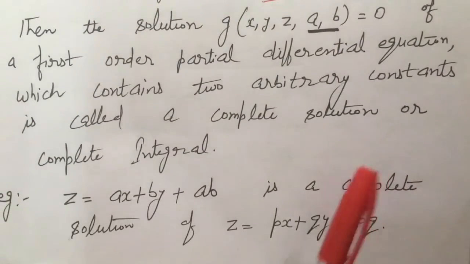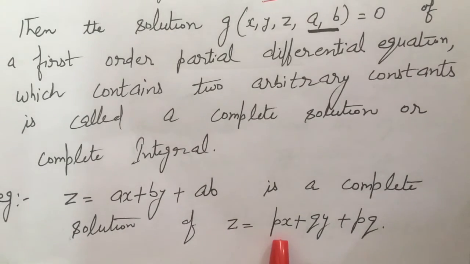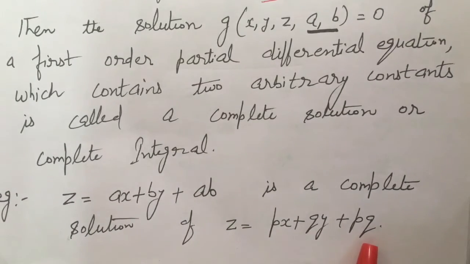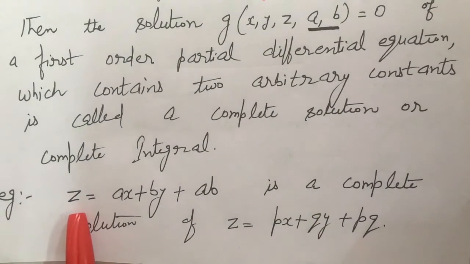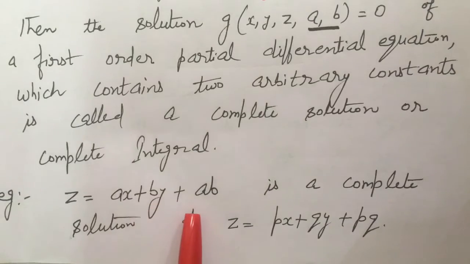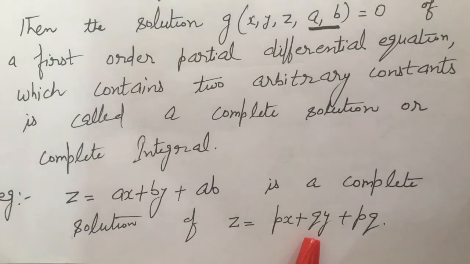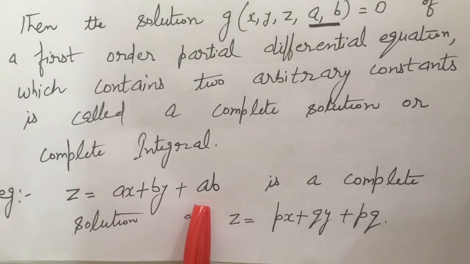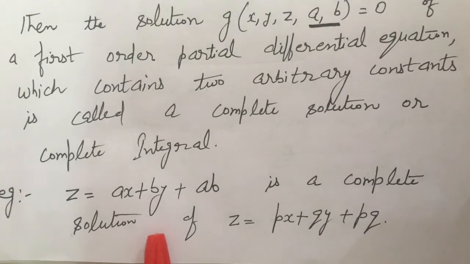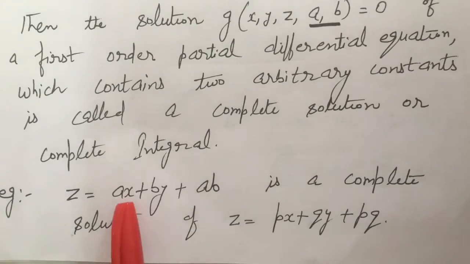For example, if we are having a PDE as z equals px plus qy plus pq and there is some relation as z equals ax plus by plus ab and this relation satisfies this partial differential equation, then we can say that this relation is called a complete solution or complete integral of given PDE because it contains two arbitrary constants a and b.